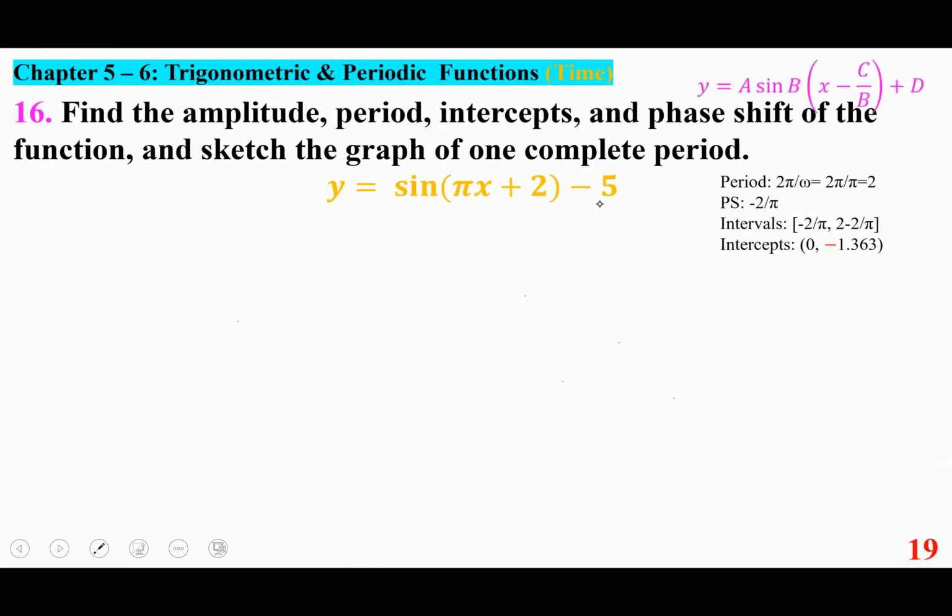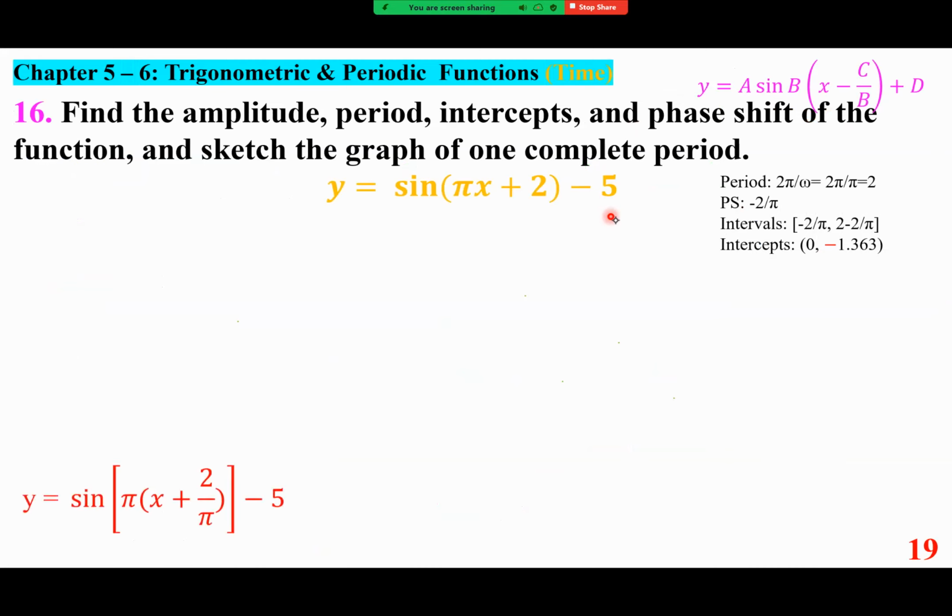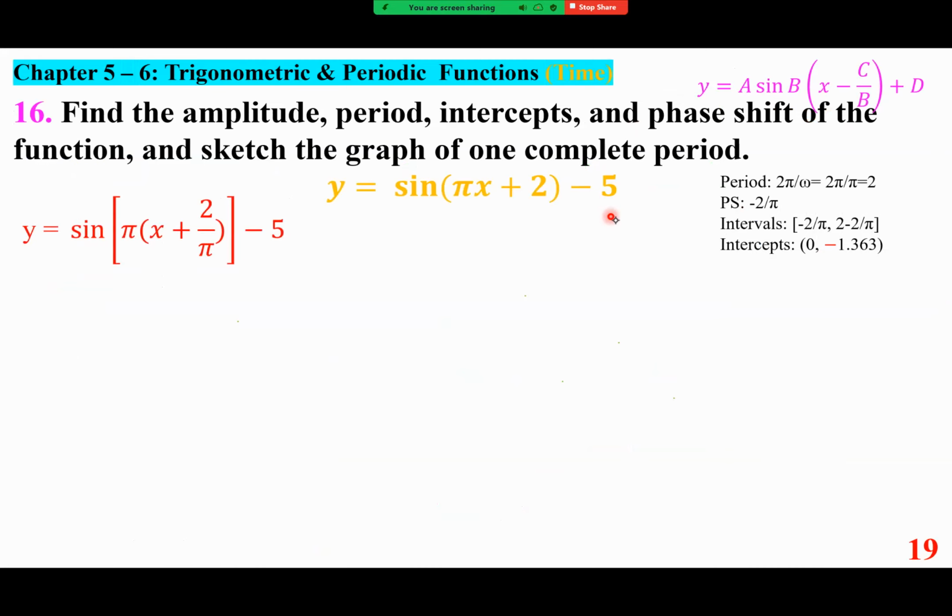If you look at this function, y equals sine of pi x plus 2, minus 5, the amplitude is what you see here, the absolute value of 1 over 1. Notice we took the pi out here, because it's pi x plus 2, you take pi times x plus 2 over pi.